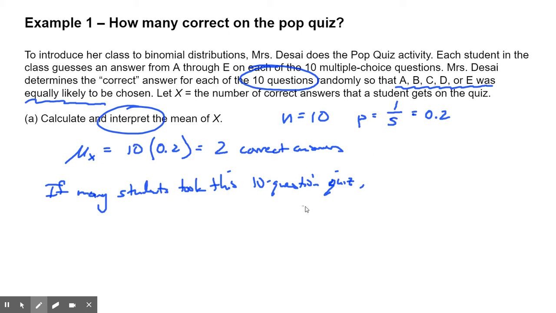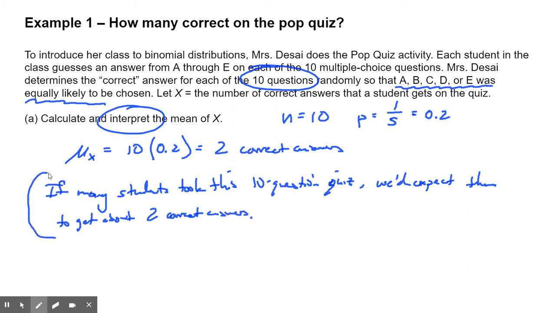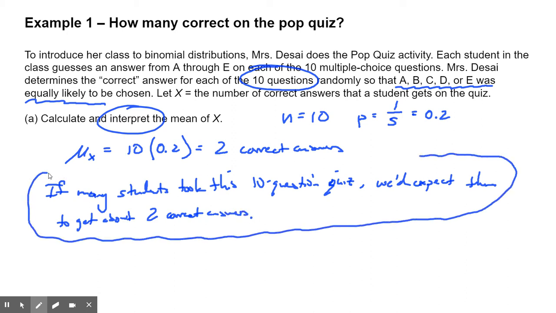If many students took this 10-question quiz, we'd expect, so remember, expected value, mean, we'd expect them to get about 2 correct answers. And there we go. There's our interpretation. You could also say the average number of correct answers would be about 2, but we're going to use this we'd expect.